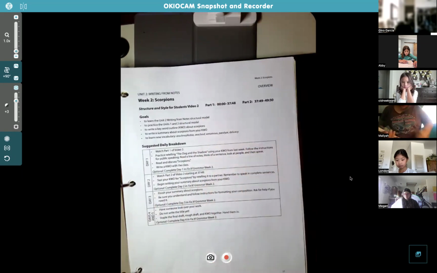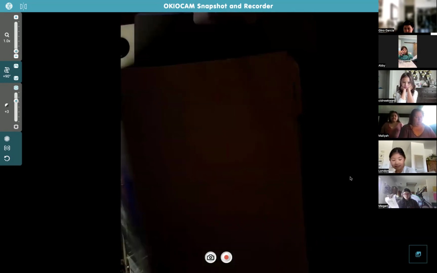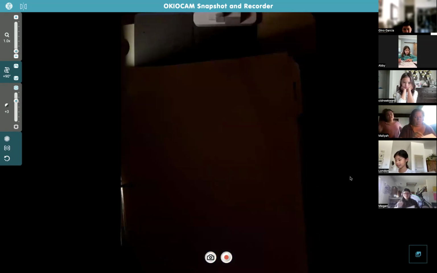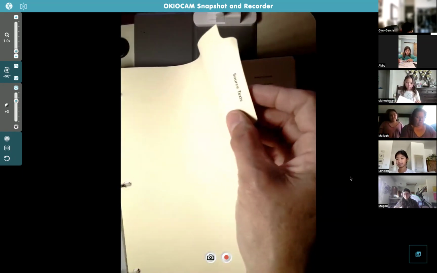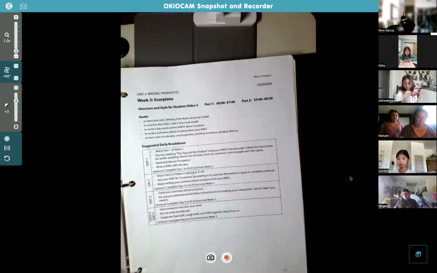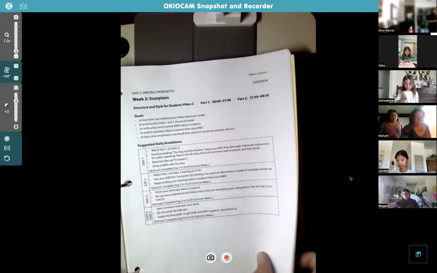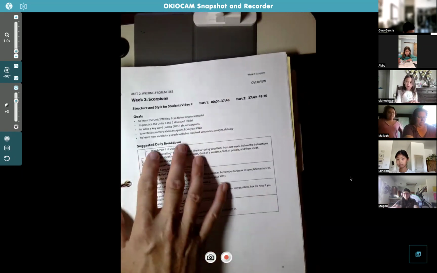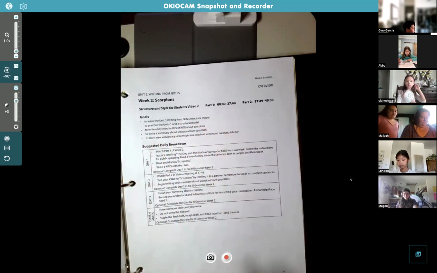And then all the other pages go behind that. Does that make sense? Yeah. So the front cover through page 8 goes in the very front, then the source text tab, and then all the pages go behind that. We'll organize it as we go, but that's all she needs to do for today. And then we took out week 1. That's what we're going to work on today too.